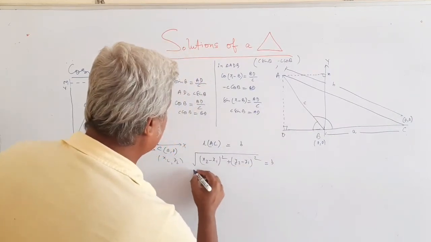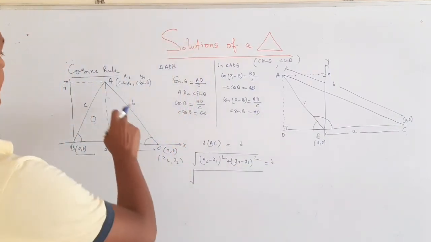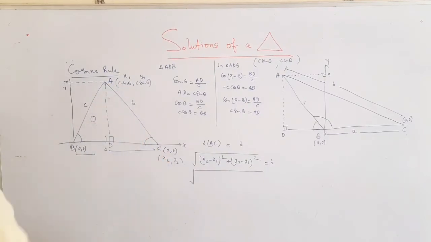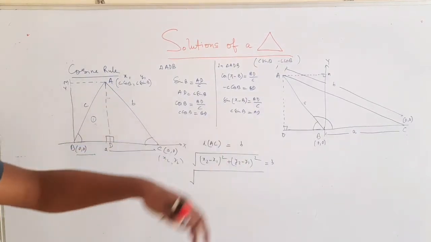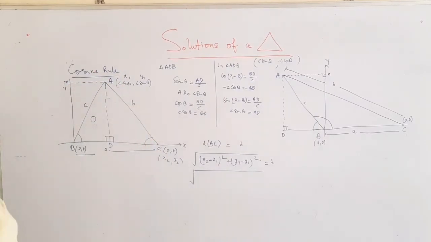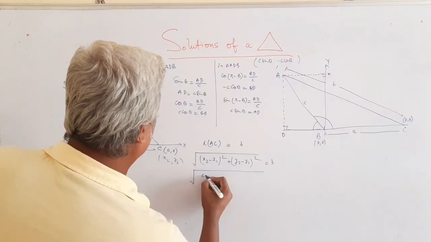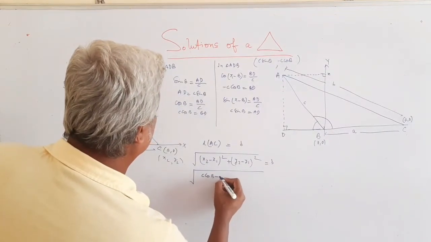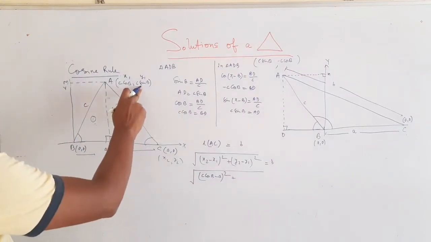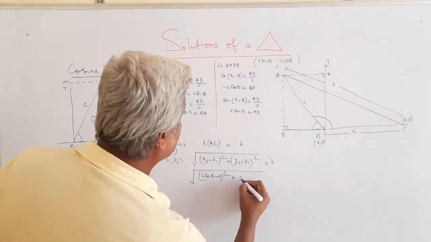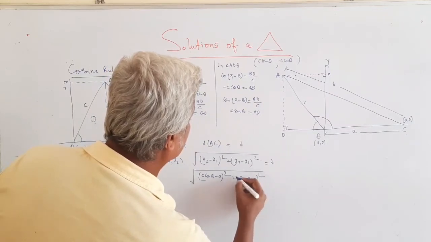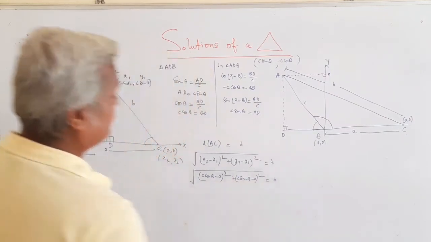So we'll get, this is x2 minus x1, so you can say a minus, because (a minus b) whole square is always (b minus a) whole square, so you can go in any order, there's no difference. So I write (c cos B minus a) whole square plus (c sin B minus 0) whole square, and this is b.